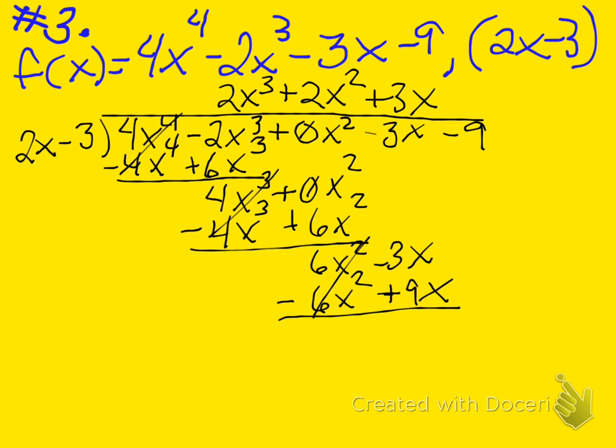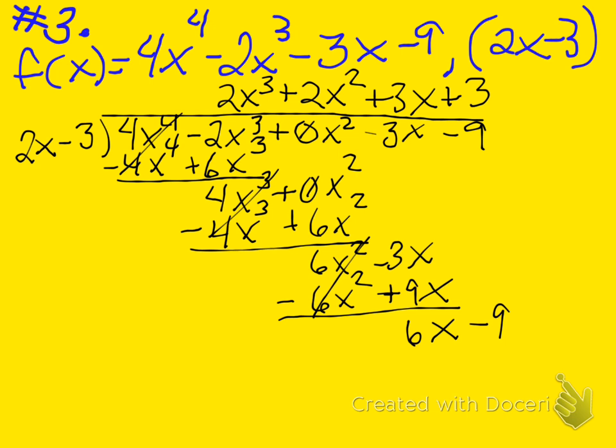So then I have negative 3x plus 9x, which is simply 6x. And I'm going to bring down my 9. Let's do this again. What will I have to multiply 2x by in order to get 6x? And of course, it is 3.